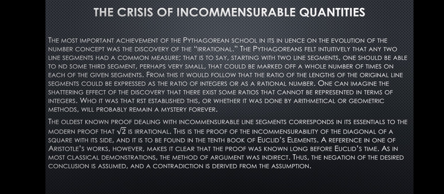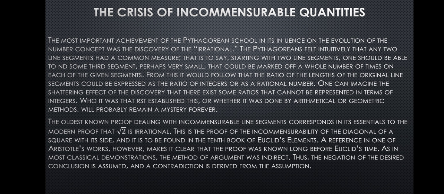The oldest known proof dealing with incommensurable line segments corresponds in its essentials to the modern proof that square root 2 is irrational. This is the proof of the incommensurability of the diagonal of a square with its side, and it is to be found in the 10th book of Euclid's Elements, with a reference in one of Aristotle's works.